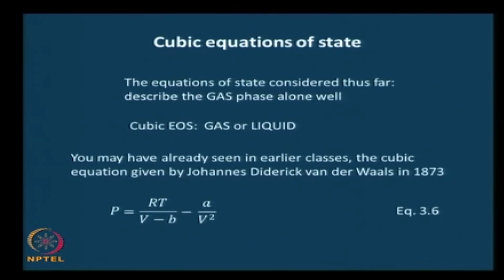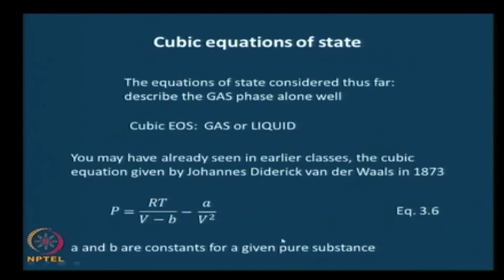Now, this cubic equation has the ability to describe the liquid phase because the interactions between molecules are considered in the cubic equations a little better. And A and B, as you already know in the van der Waals equation, are constants for a given pure substance.